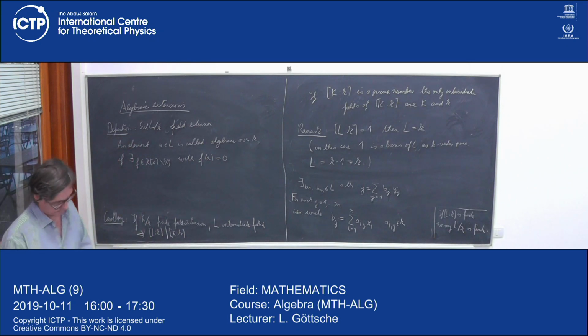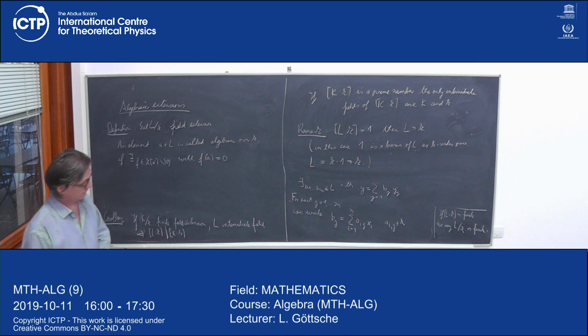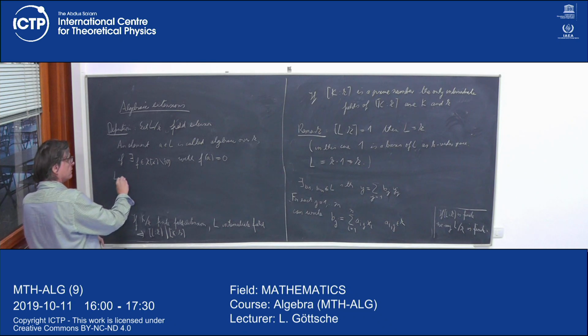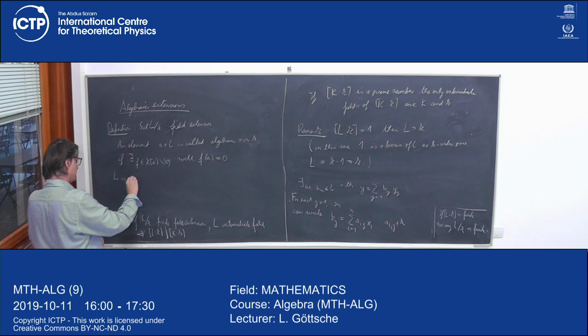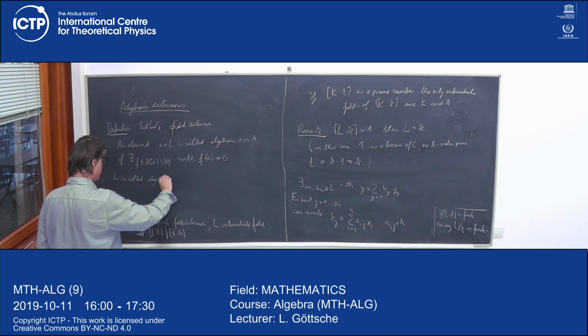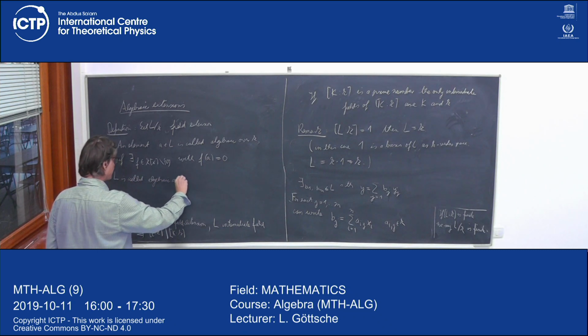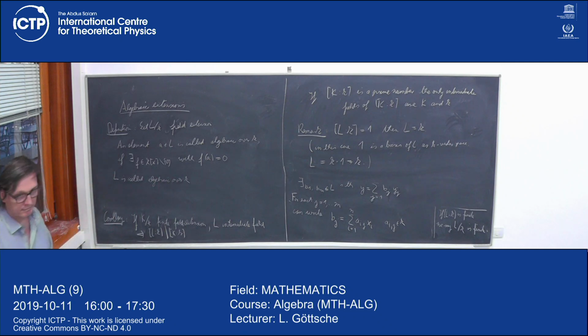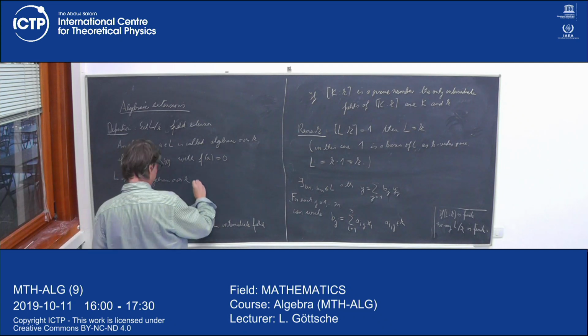So L is called algebraic over K if every element in L is algebraic over K.